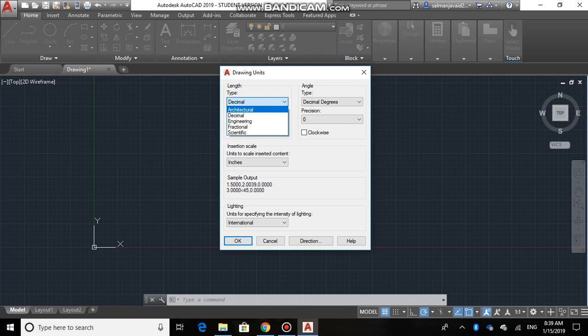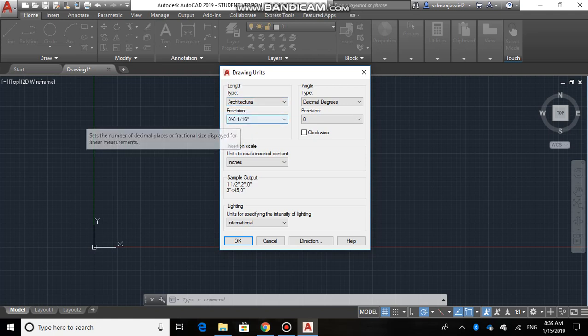In architectural units there are mixed fractions, which are more commonly used in architectural maps, and we will be using architectural mode. Engineering uses fractional, that is decimal fraction. So clicking on architectural, this is the default precision, that is 1 by 16 inches.